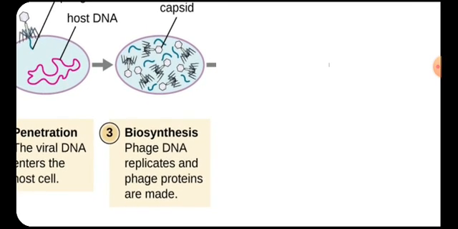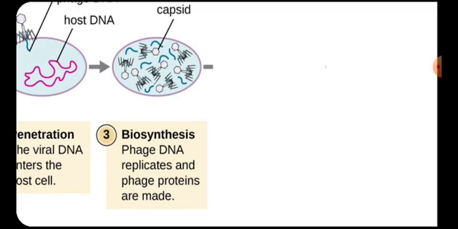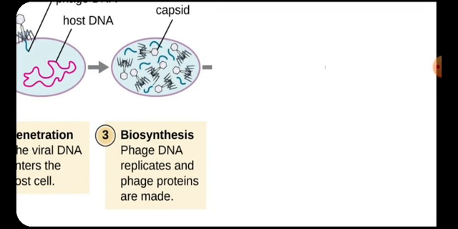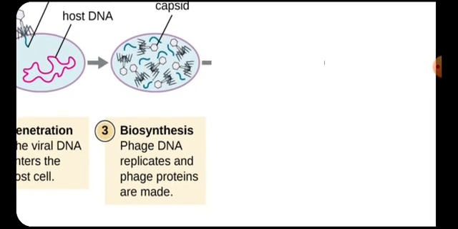Along with that, this phage DNA undergoes replication, and for replication it makes use of bacteria's DNA polymerase enzyme. So this means that this phage makes use of host metabolic machinery for the synthesis of its own components. Own components means the phage genome, that is DNA, and structural components of the phage.